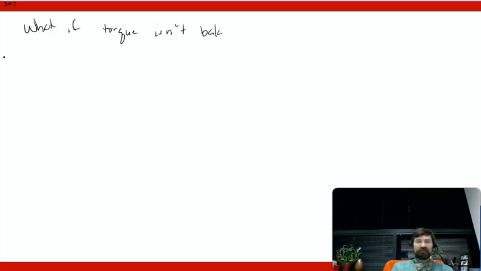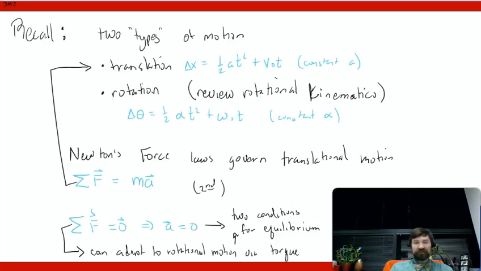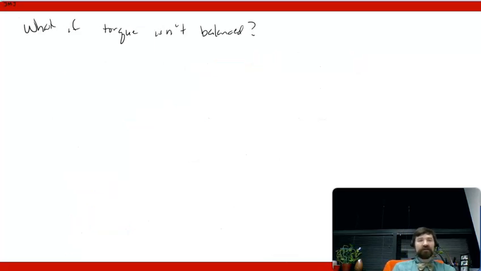What would that imply? Well, it implies something very similar to Newton's second law, the sum of forces being mass times acceleration. So let's write that one down for starters. Sum of forces is mass times acceleration. For most objects, the mass isn't changing. If we switch this over to torques, we actually get a parallel equation.